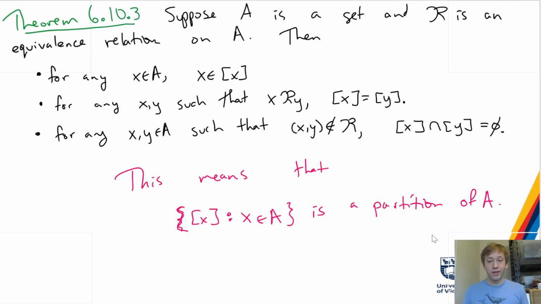If I take an equivalence relation and I look at the equivalence classes, that gives me a partition of A. Okay, so let's prove this theorem.